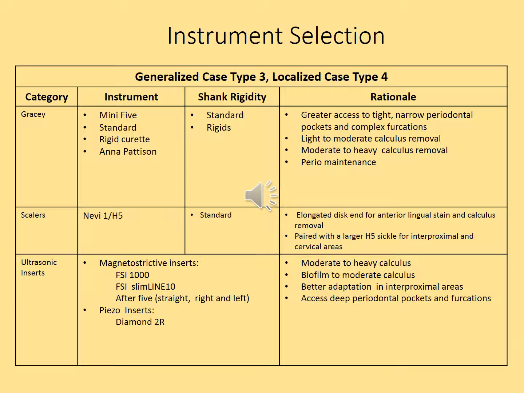The ultrasonic insert, the magnetostrictive insert, the FSI 1000 for moderate to heavy calculus; the FSI Slimline 10 for biofilm to moderate calculus; the Aster 5 straight right and left for better adaptation in interproximal areas; and the piezo insert Diamond 2R for access to deep periodontal pockets and furcations.